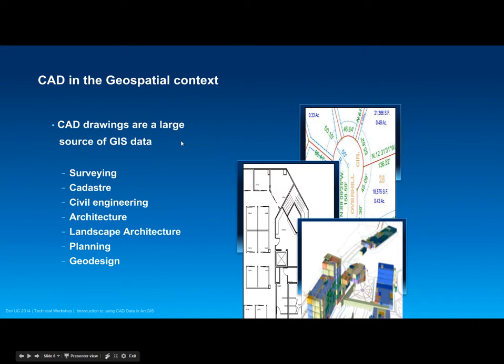So, as far as how we use CAD data in a geospatial context, we use CAD data that was developed in industries like surveying and civil engineering and planning, among others, as a large source of GIS data. A lot of the GIS data you commonly see may have started as a CAD file.